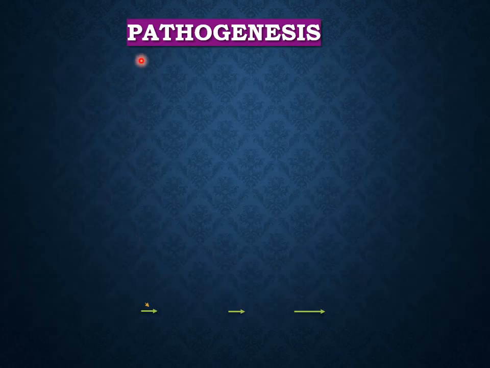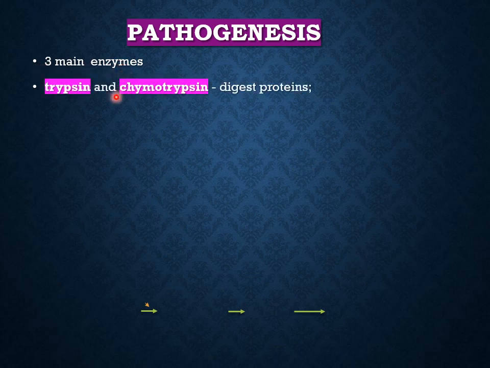Now we come to the pathogenesis of acute pancreatitis. There are three main enzymes, as you all know, that mainly come from the pancreas. The first one is trypsin and chymotrypsin, which are responsible for digestion of proteins.